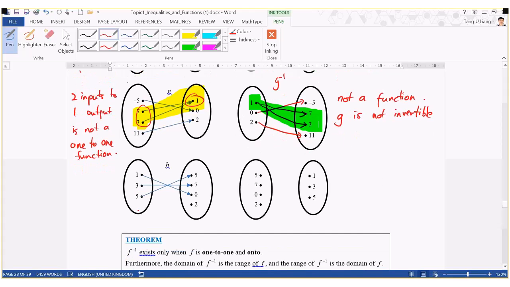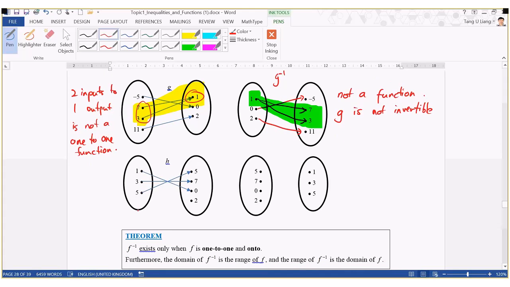Let's look at H inverse. Let me try and fill up the lines.